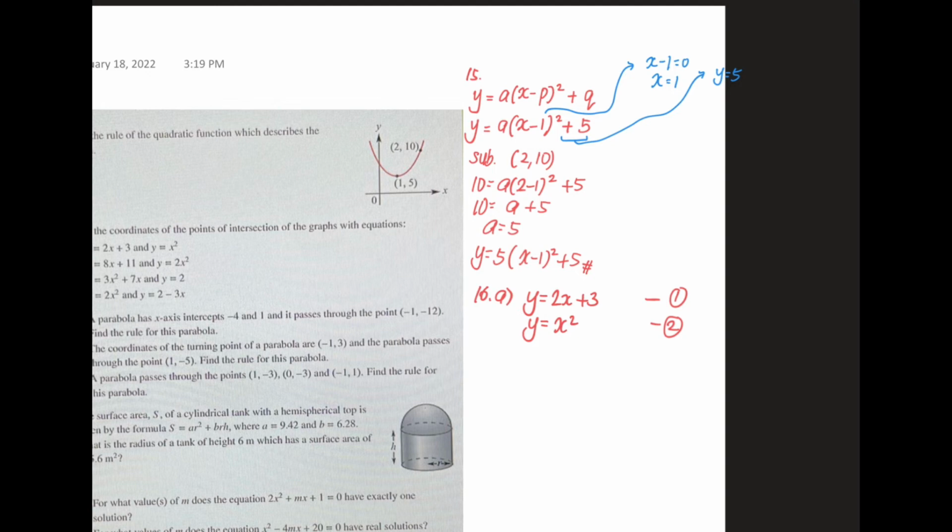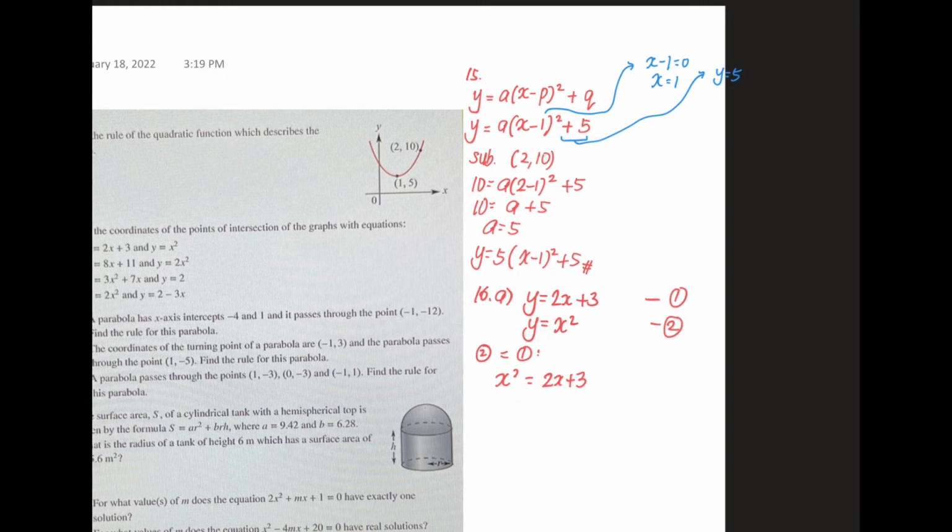Okay, now what to do is simultaneous equations. So we can let 2 equal to 1, so that x squared equal to 2x plus 3. We let these two equal to each other, as they are both equal to y.